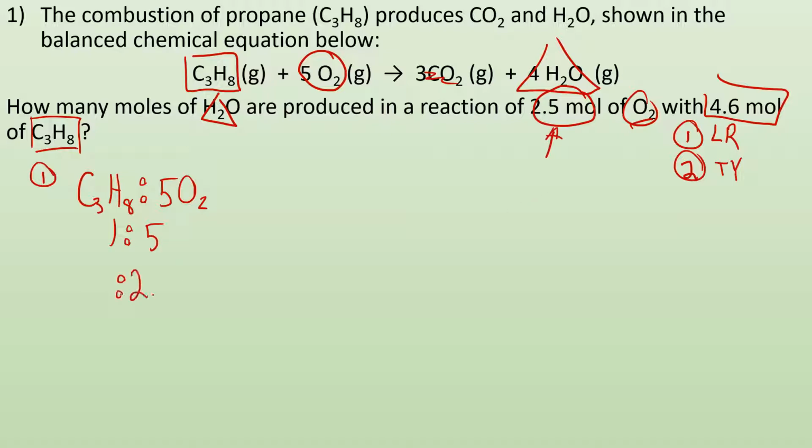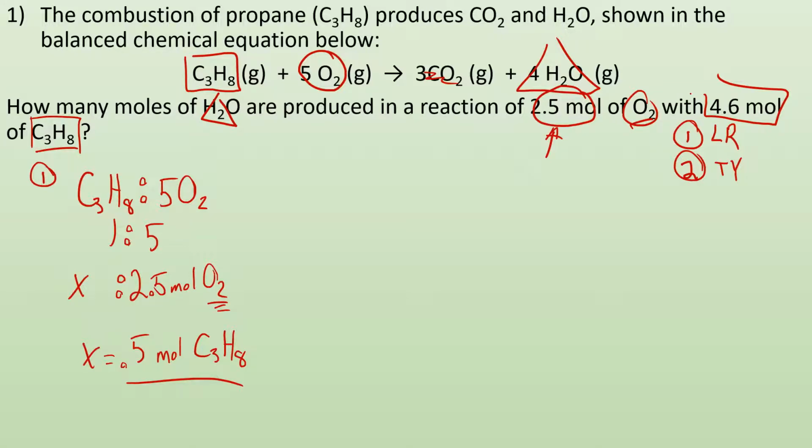So if I use 2.5 moles of O2, how much propane would that react with? So now I can cross multiply and divide, and I get X equals 0.5 moles of propane.